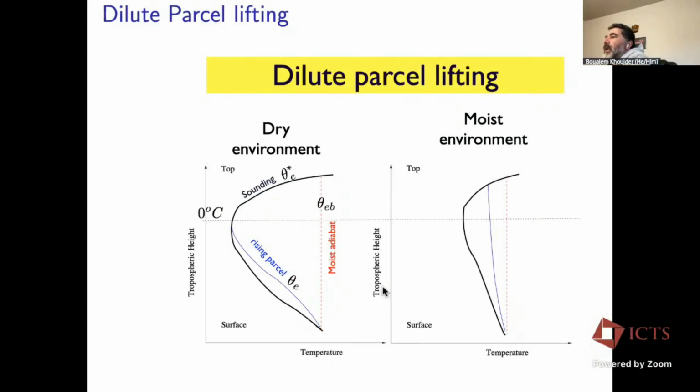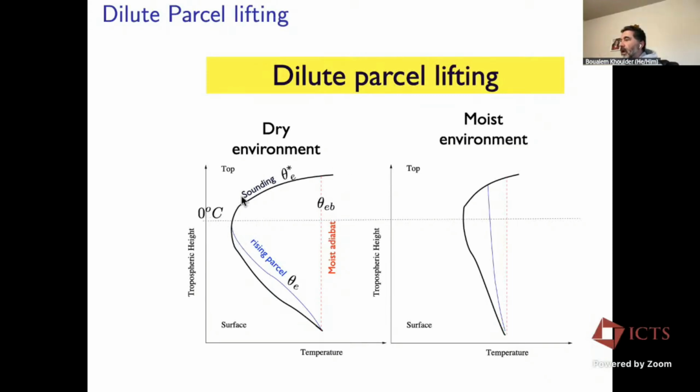So the idea we had is that you have this idea of dilute parcel lifting, where the convecting parcels, when they come from the boundary layer, if they encounter a dry environment where the saturation theta E has this kind of shape, when they mix with the dry environment, they lose buoyancy very quickly, so then they would detrain below the freezing level.